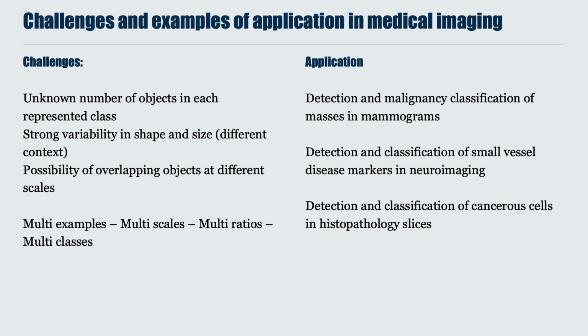You have typically the same type of problems requiring object detection when you think of small vessel disease markers in neuroimaging, where actually the number and location of the different lesions may be of interest as biomarker. And another example, it's not an exhaustive list, but you may look into histopathology slices and look for the detection and the classification of specific cancerous cells.